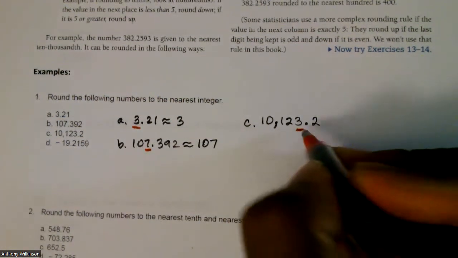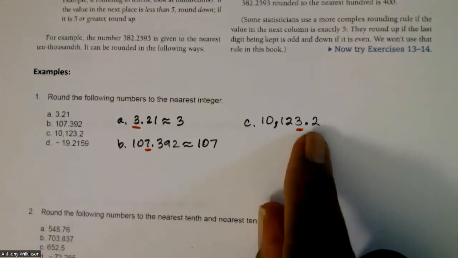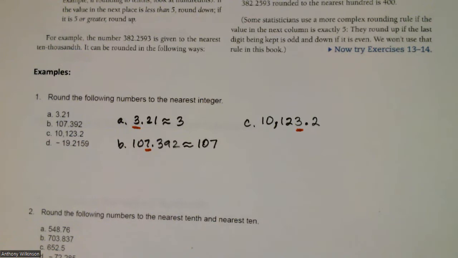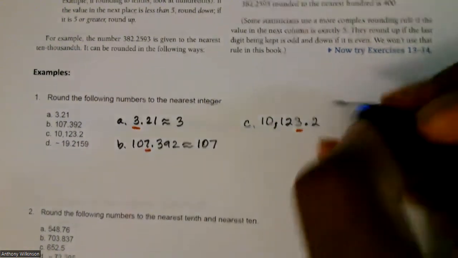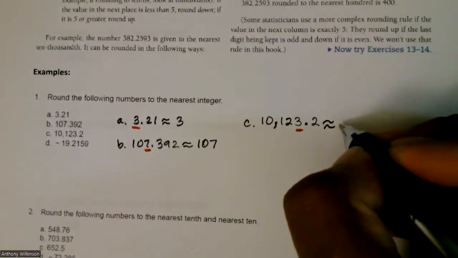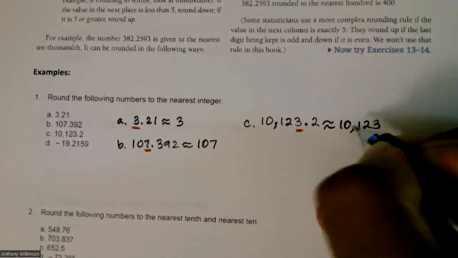So the digit in front of the decimal point is that 3, that's the ones place. And the 2 to the right of that is less than 5. So that means the 3 remains the same. So it'll be approximately, and this is a symbol for approximately equal to, 10,123.